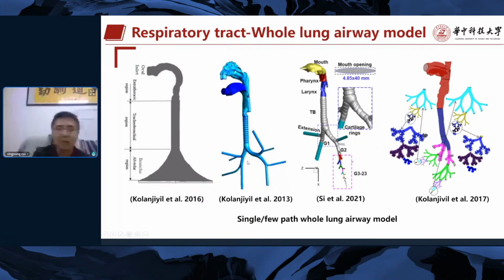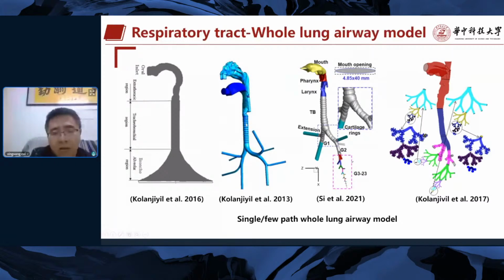And this airway model contains some segmentation airways, and also the lung lobes.